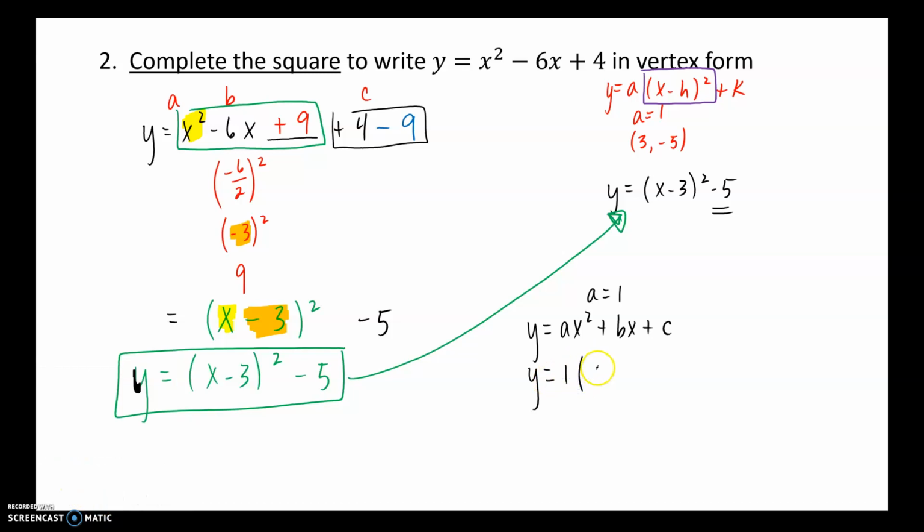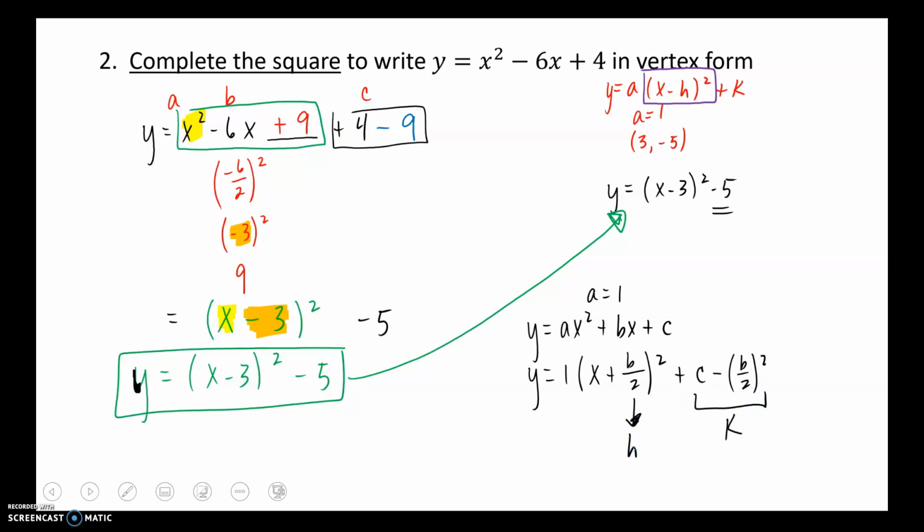I complete the square by taking x plus b over 2 quantity squared. And then with this c, remember that I have to take whatever my value is and subtract that b over 2 quantity squared. This will give me the value of k. This will give me my value of h.